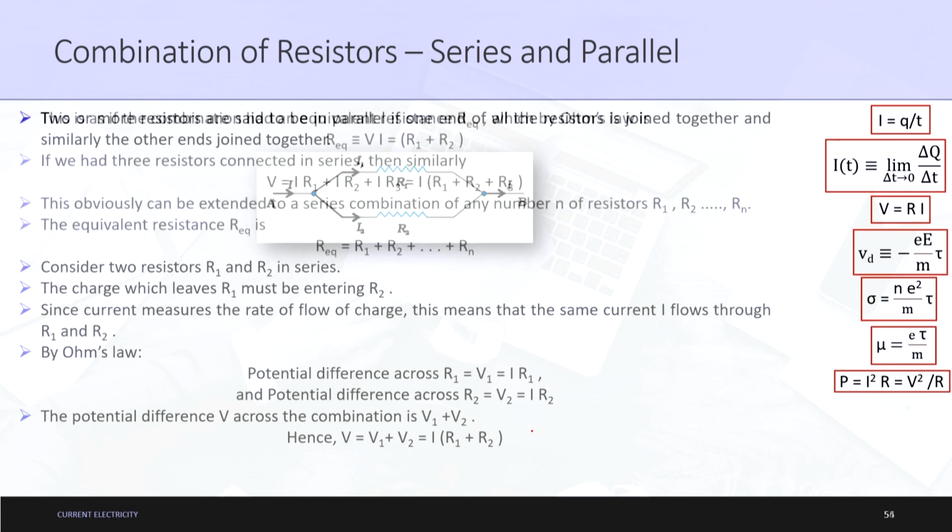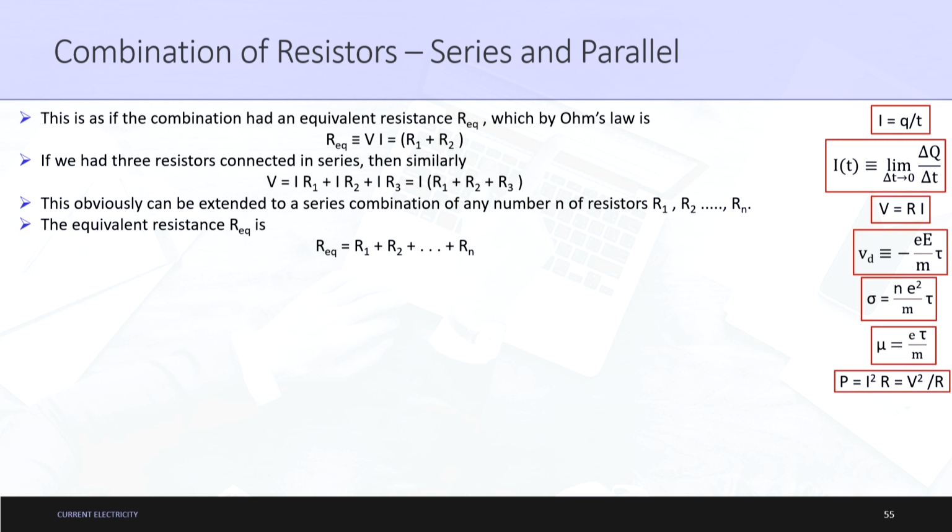Okay, moving again. Thus, as if the combination had an equivalent resistance R equivalent, which by Ohm's law is nothing but a simple resistor like this having a current I, and because it is a single resistor the voltage difference across these two points will be capital V and the resistance will be R equivalent.